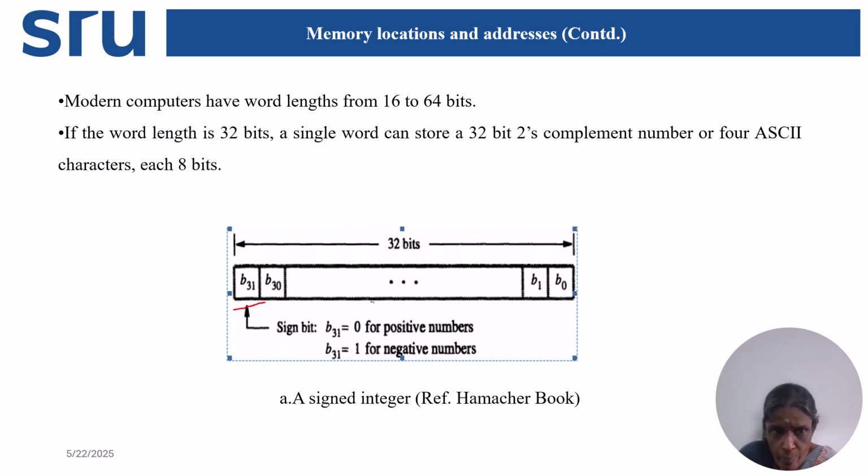MSB is always the sign bit in a microcontroller or microprocessor. The MSB shows the sign of the whole number. Suppose B31 is equal to 0, then it indicates that the number is positive. If it is 1, it indicates that it is a negative number.